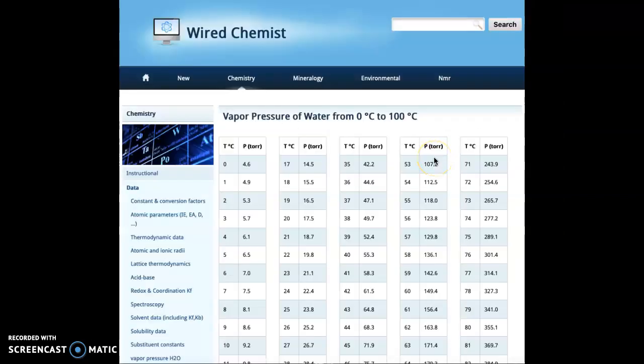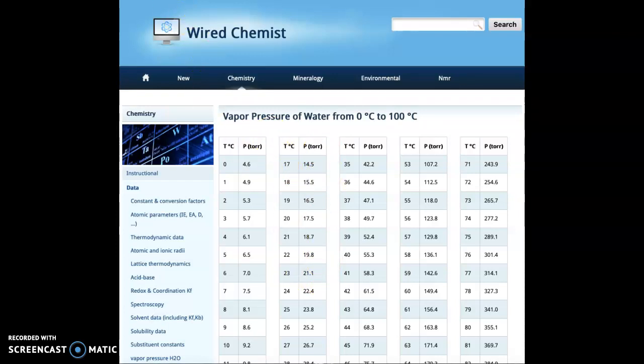So this is an example of one place where you can find this kind of information. This is a website called Wired Chemist. It's got a lot of thermodynamic and other kinds of data here, very similar to what you'd find in the CRC handbook. What we're interested in is the vapor pressure of water at 25 degrees Celsius, which is 23.8 torr, torr being the same thing as millimeters of mercury.